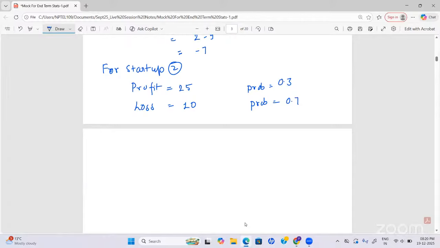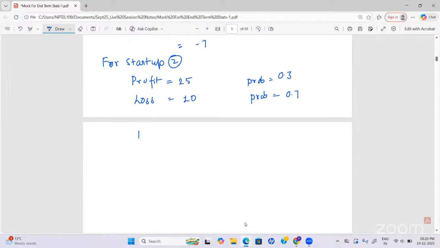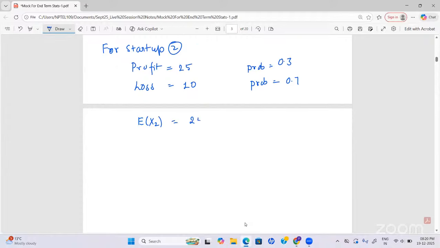So the expectation of x2, where x2 is for the second startup, will be 25 into 0.3 minus 10 into 0.7, which will be 0.5.